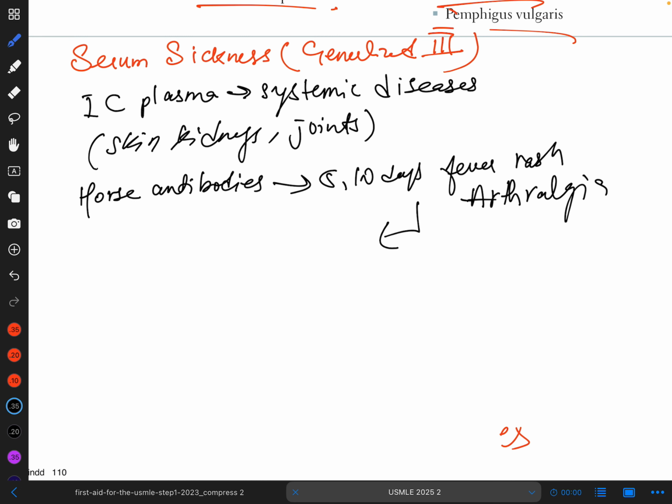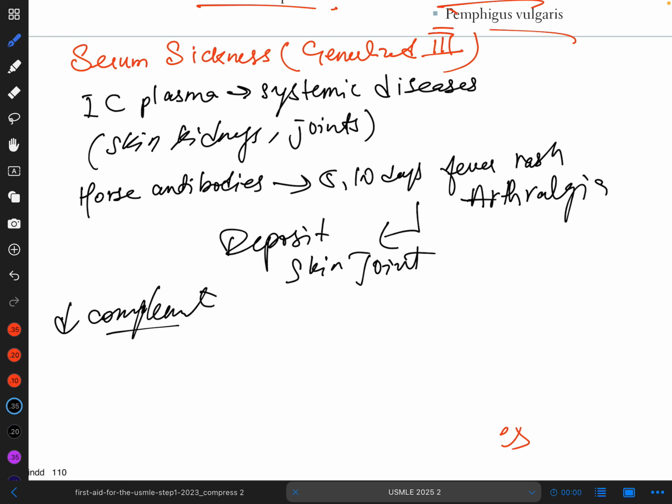Why does it happen? Because the antibodies join with the serum antigens, and they deposit in skin and joints. There is urticaria, purpura, and low serum complement levels, a low level of complement in the body, because all the complement goes active and starts depositing.